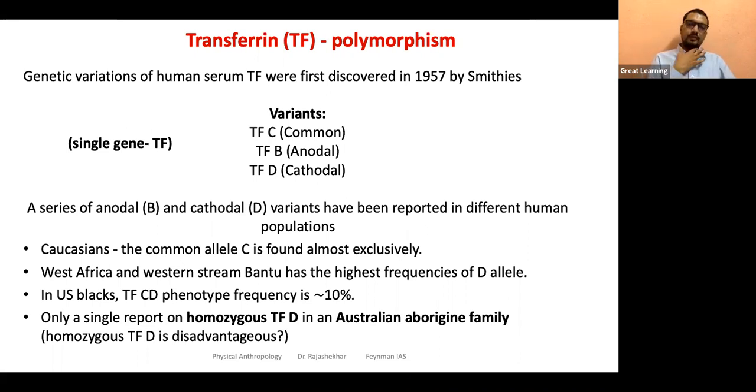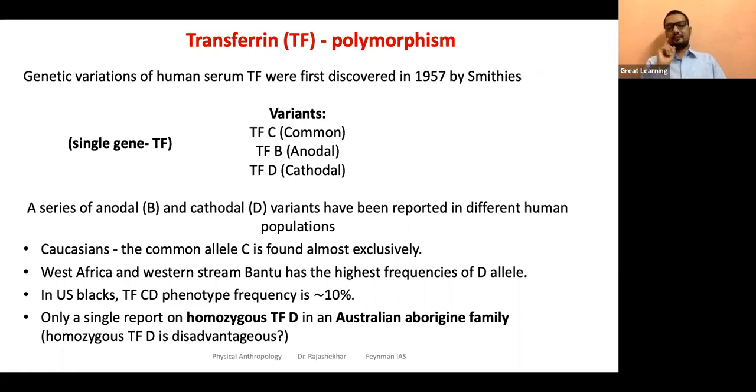Okay. So genetic variation in humans with respect to transferrin was shown back in 1957 by Smithies. A scientist called Smithies showed the variation among humans in the transferrin protein. Another thing they could find is that only one gene is present.